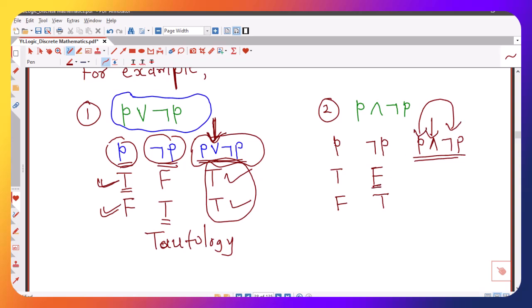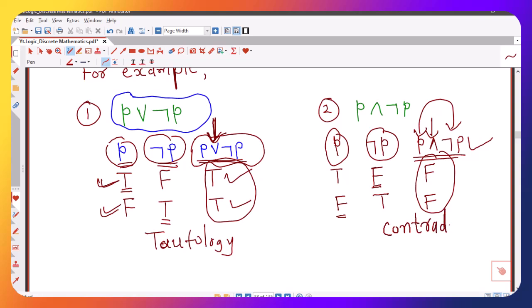Here one proposition is false, therefore this is false, and because P is false here, this is also false. So whatever the truth values of P and negation P are, this compound proposition is always false. Therefore it is not a tautology, it is a contradiction.